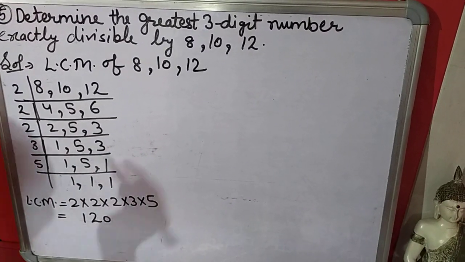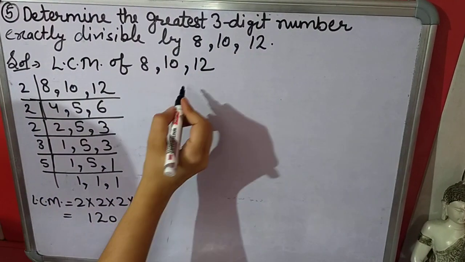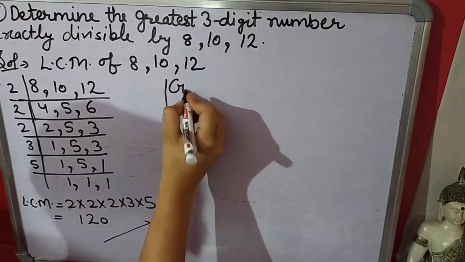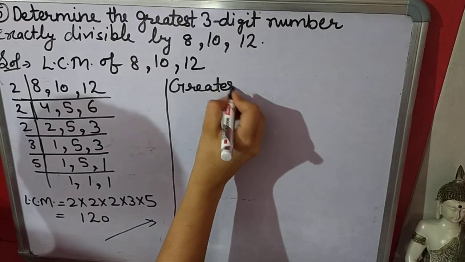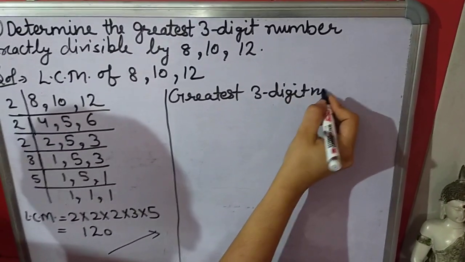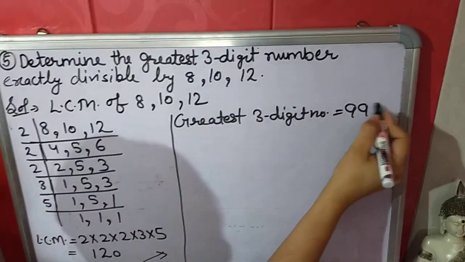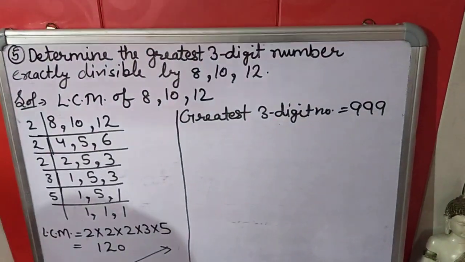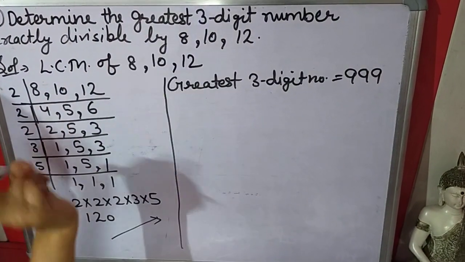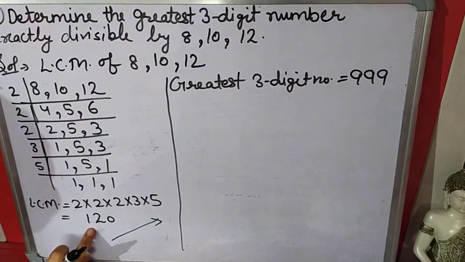Now he is saying determine the greatest 3-digit number. Now we will write here greatest 3-digit number. It will be 999. Again we have to find now the greatest, not the smallest. So this is not the greatest 3-digit number.